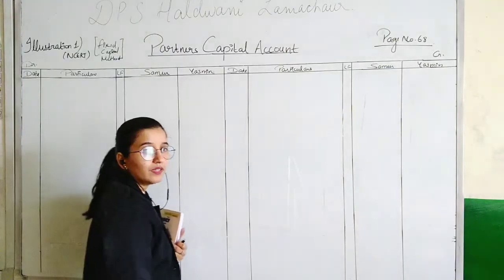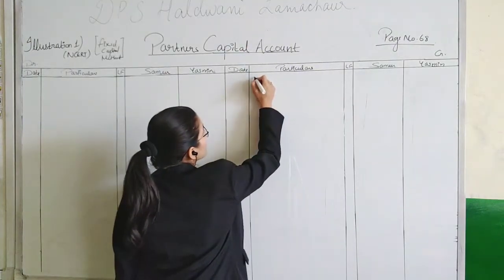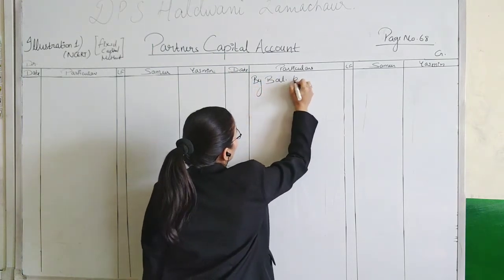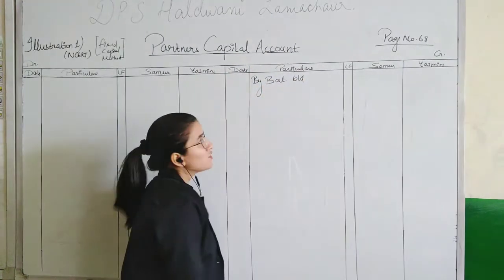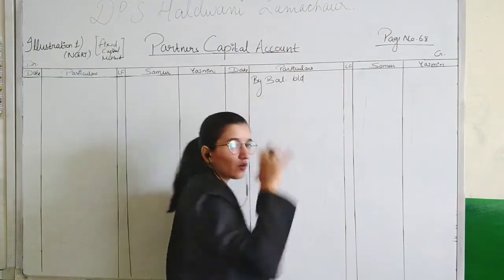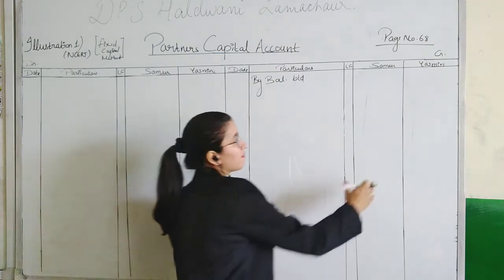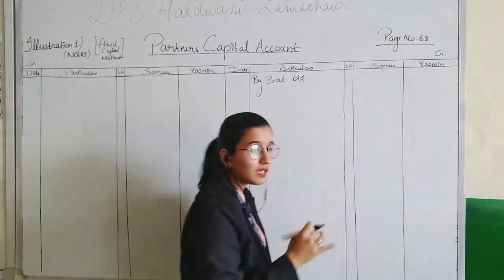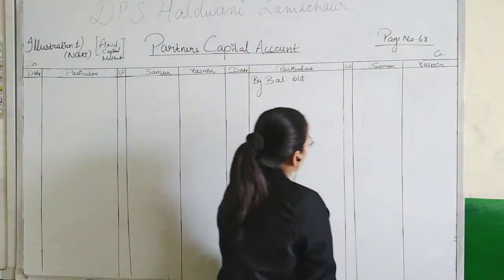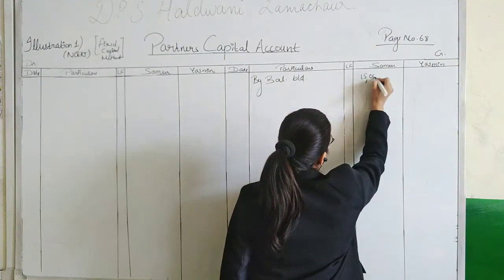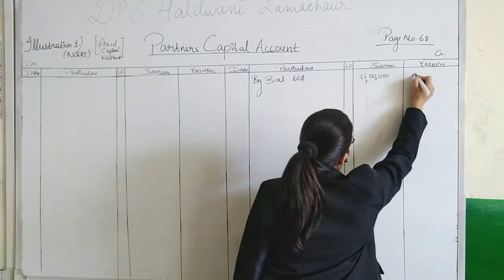So here in the partners' capital account, on the credit side we write by balance brought down. This balance is the opening balance, which means the amount of capital brought in by Sameer and Yasmin during the year. So here the capital amount is 15 lakhs brought in by Sameer and 10 lakhs by Yasmin.